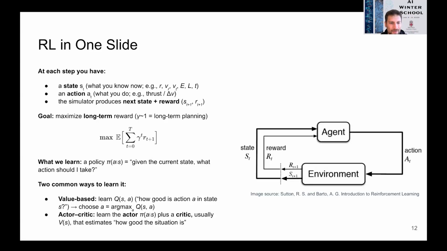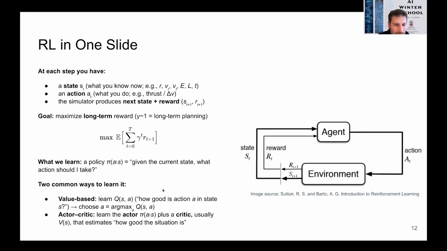Basically, what's the reward, and you want to choose the action that maximizes that function. The other, which is the type of reinforcement learning we're going to use here, is actor critic, where you learn the actor, which is the pi function we've been talking about, which is given a state, do this action. So given a state in your system, this is the next action our simulation is going to take.